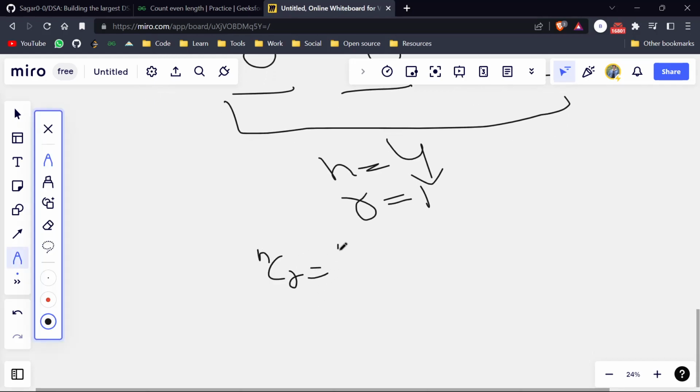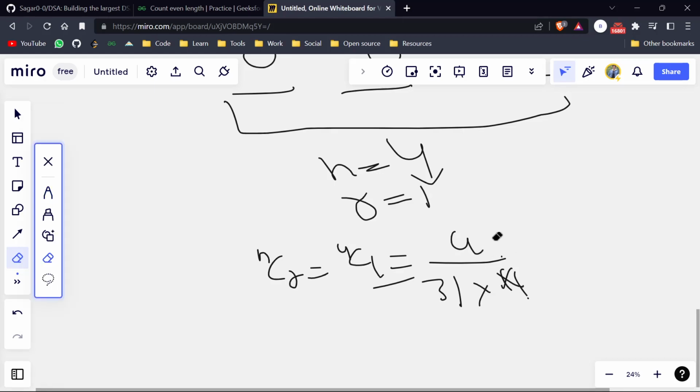NCR, that is here 4C1. So it is 4 factorial by 4 minus 1 factorial, that is 3 factorial, into r factorial, that is here 1 factorial. So 1 factorial is 1, so we will not consider it here. And 4 factorial is equal to 4 into 3 factorial. So 3 factorial will cancel out 3 factorial and the final answer will be 4.